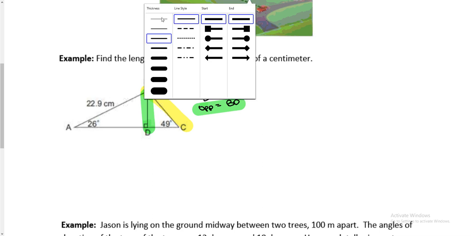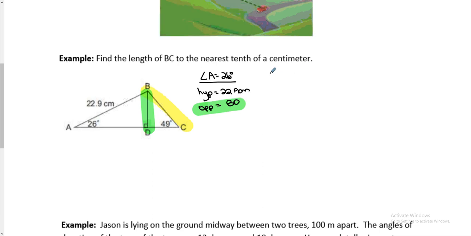So if I have my hypotenuse and my opposite, I need to use sine. So we're going to say sine 26 is equal to BD over 22.9. We cross multiply. 22.9 sine of 26 is equal to BD.